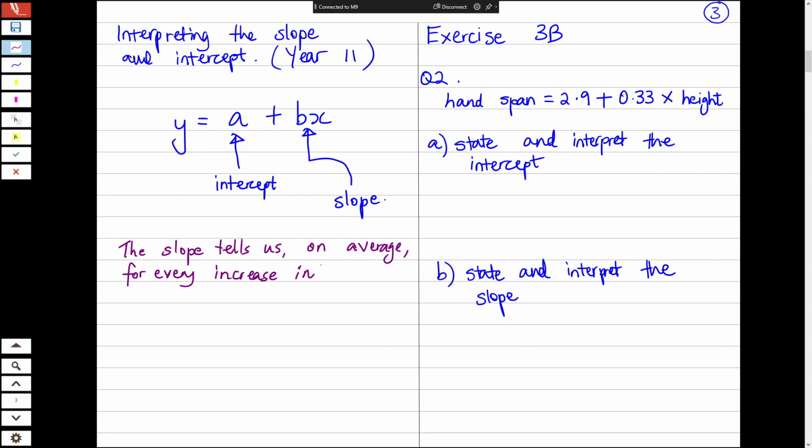It's just the gradient. So what does the gradient tell you? Excellent. Every increase in x by 1, y increases by b. And just note, if b is negative, y decreases rather than increasing. This will become more concrete once we apply it to an actual example.